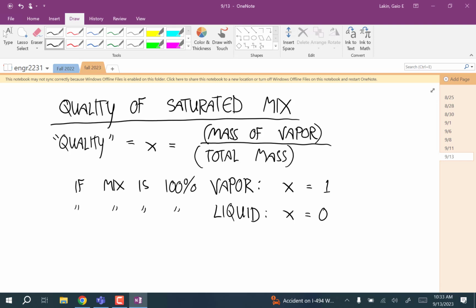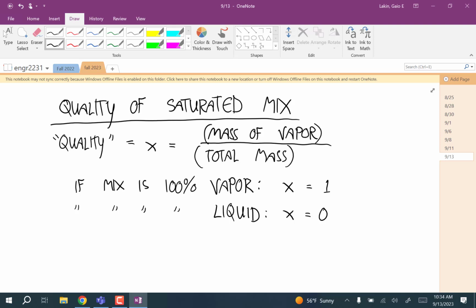Why is it defined this way? Where does the word quality come from? Well, remember that if you think about latent heat, a saturated vapor has a lot of internal energy stored in it that a saturated liquid at that same temperature and pressure doesn't have.